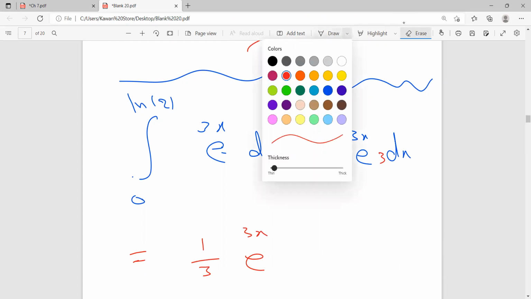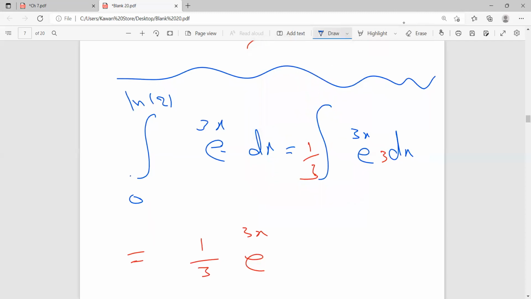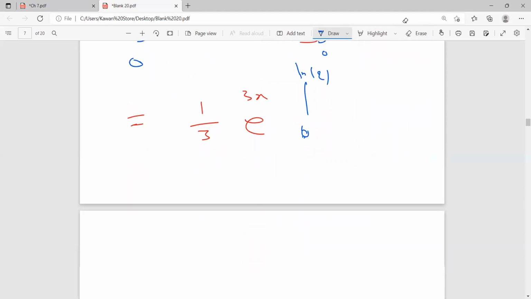Instead of c, we have boundaries, right? So I'm going to write the boundaries here again. Understood. And you know how to substitute these values. First of all, we have 1 over 3 e to power 3 ln of 2 minus 1 over 3 e to power 3 multiply 0.